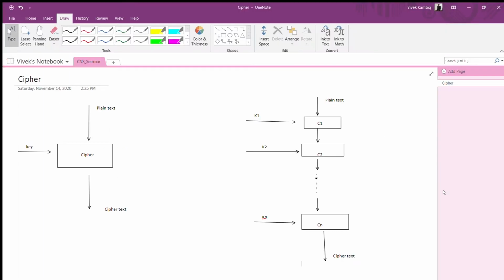But in the modern day cipher, plaintext goes through a series of ciphers. So like in this, a plaintext goes to C1, which takes K1 and gives the input to C2, which takes a second key K2, and so on till Cn, which takes a key Kn and provides us the final cipher text.